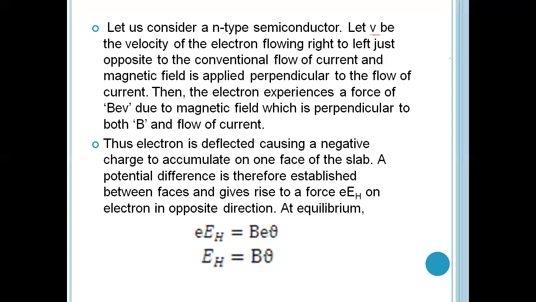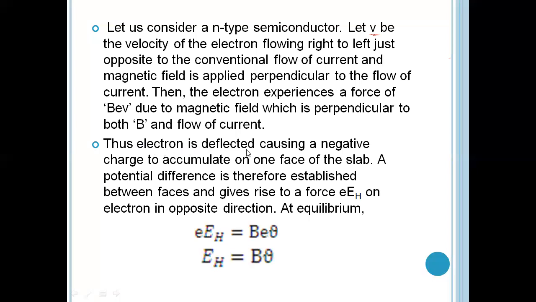This direction of the magnetic field is perpendicular to the flow of current. Then an electron experiences a magnetic force equal to Bev, where e is the charge of the electron. So Bev is the force experienced by an electron when it is placed in an external magnetic field.